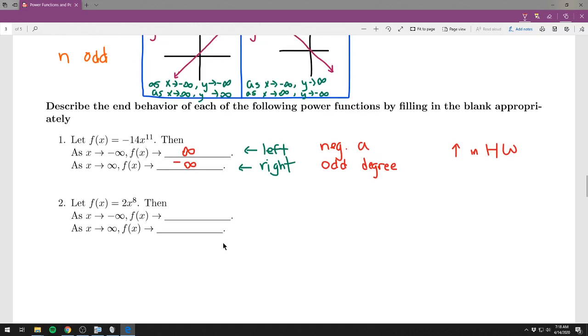All right, I just have a second one here to really hammer in the point of what we're doing. As x goes to -infinity, as we're going to the left, what is happening? As we're going to the right, what is happening? And the two things we're looking out for are the coefficient is positive, and our degree 8 is even.